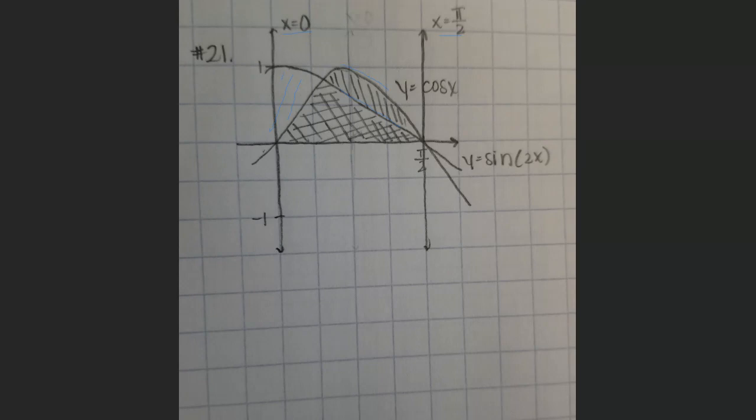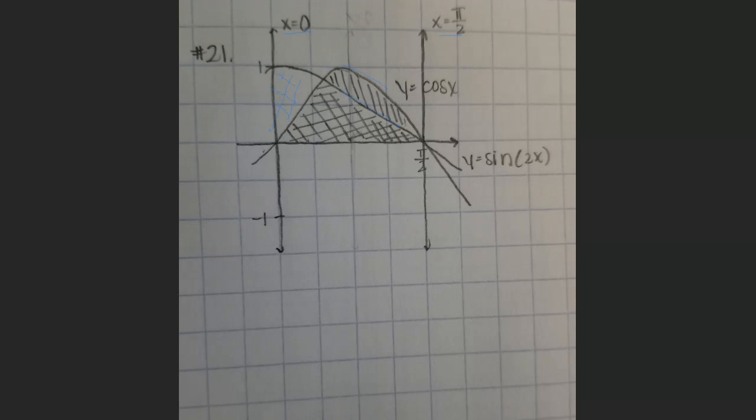I just wasn't sure because the question said there were only two areas bounded, but I see three. Which three are you seeing? I only see two. I see this far one on the left that I'm shading in with blue, and then the other two that I already sketched in.